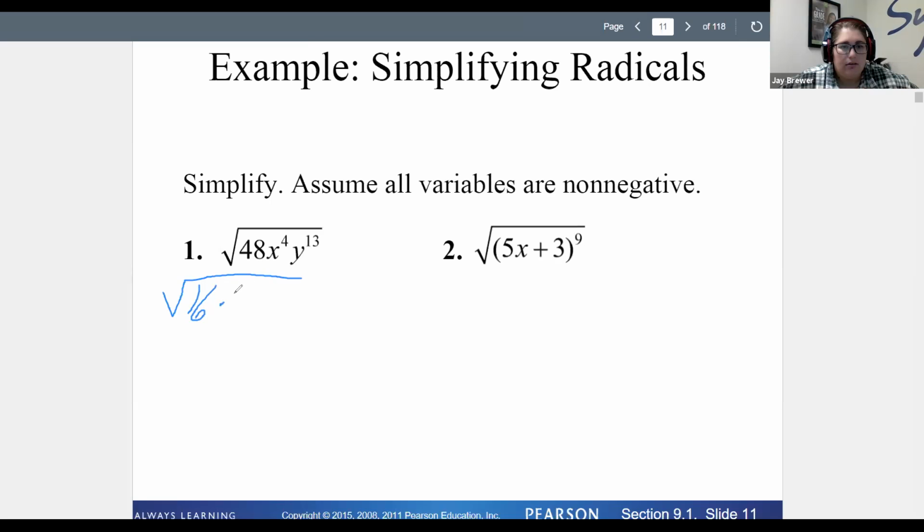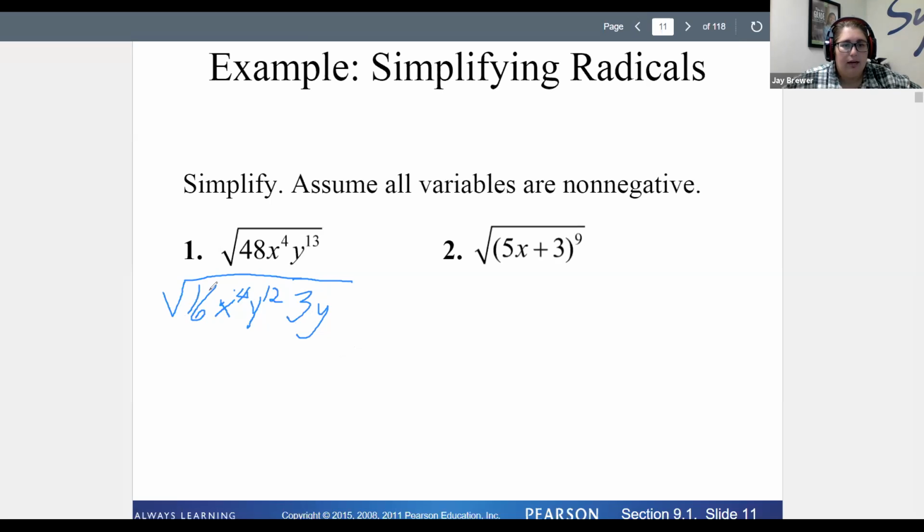So 16 times, and then I like to do things I know I'm going to take out. So 16 x to the 4th, y to the 12th, and then I know that I'm going to have 3y left. That's how I like breaking it up. If you guys want to leave it separated out more, that's fine, but this is the approach I use.